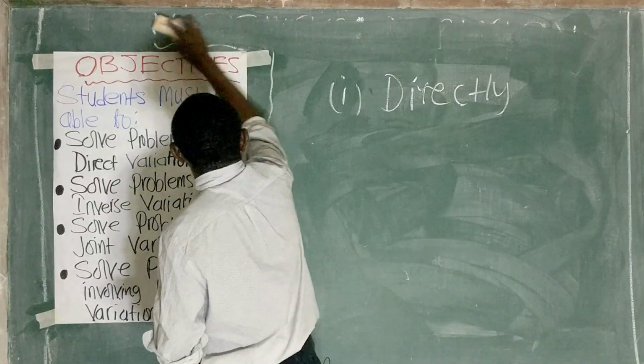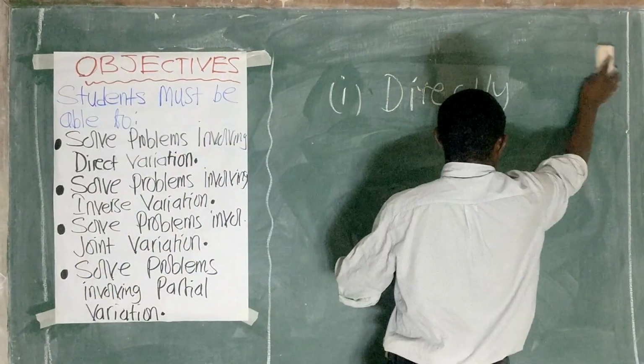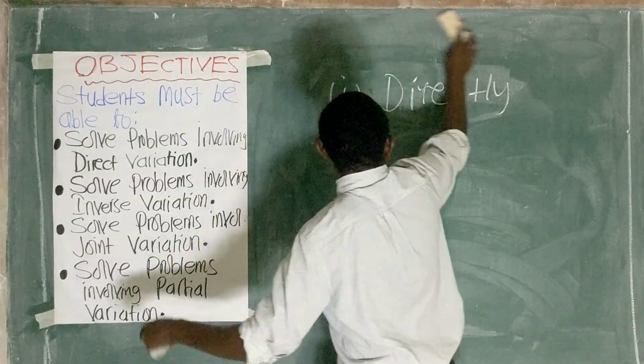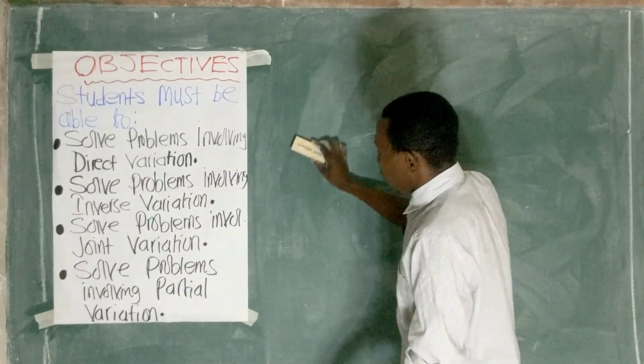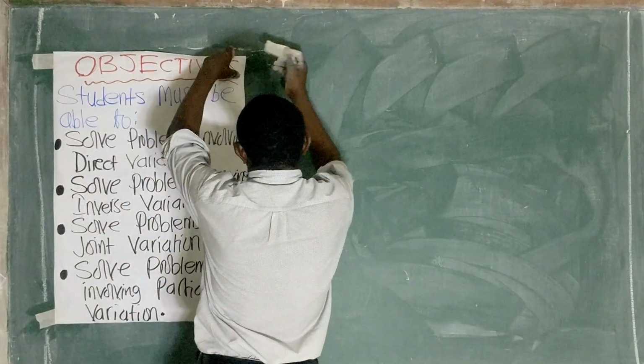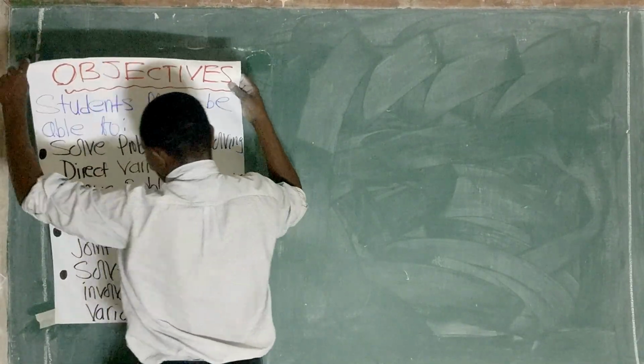When you talk of quantities varying directly, what could be a good example that you too can use to come up with your own examples and be able to deduce that quantities here are really varying directly.